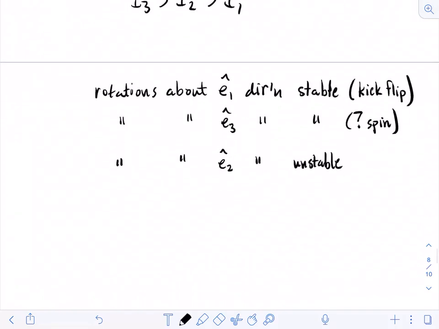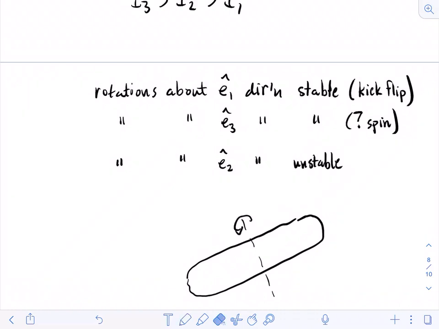So if you take your board and you try to rotate it about this axis, where you just kind of flip it up somehow and let it rotate about that axis, it will be unstable. It won't be a clean rotation. And they do have a name for this, and it's called the impossible.